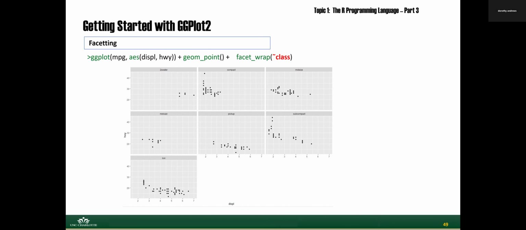The minivan is interesting: it doesn't have as large of an engine as a two-seater, but again, its highway fuel economy is lower. SUV looks exactly the way we think it should look, and then compact and pickup.